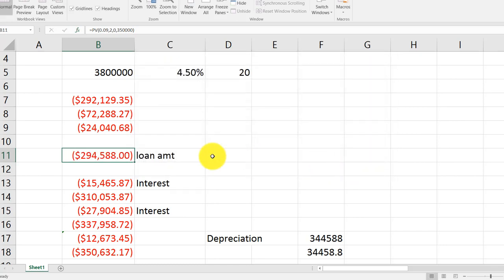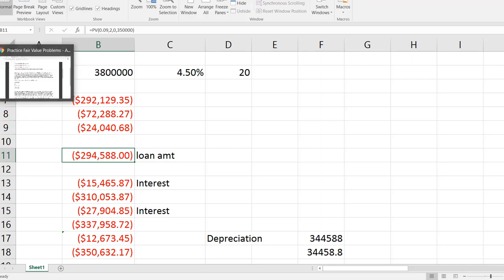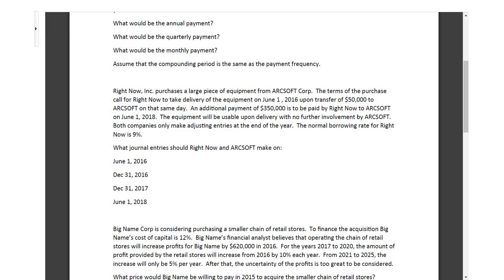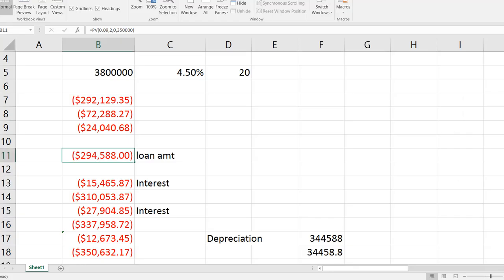All right. So what we find out is that that $350,000 is really worth $294,588. That's the present value. So when looking at the journal entries, right now purchases it. They're going to pay $50,000 plus have a loan payable of $294,588.